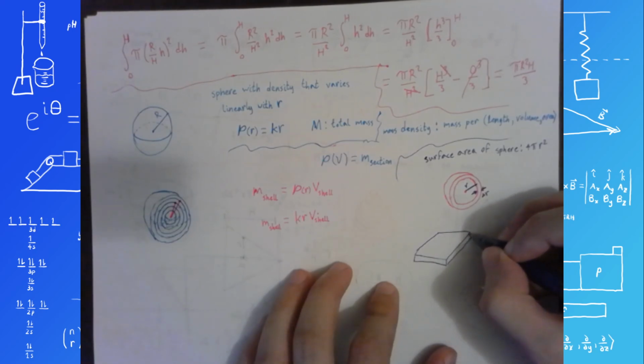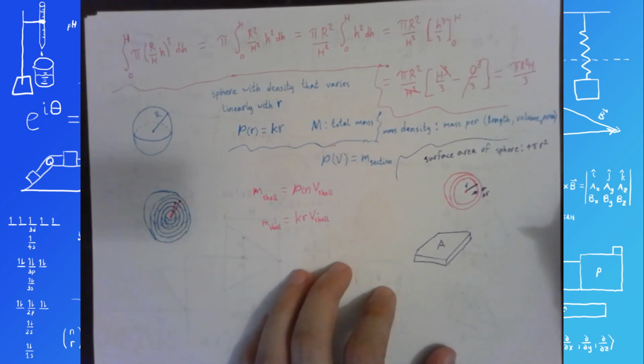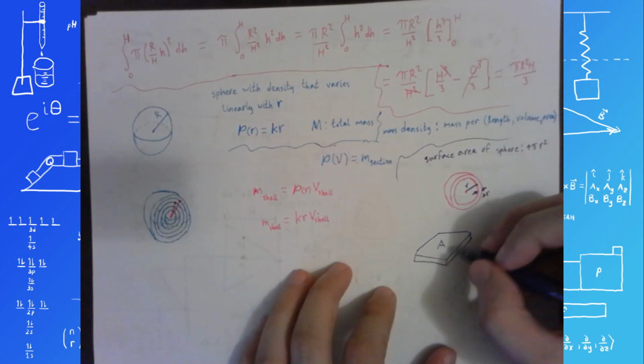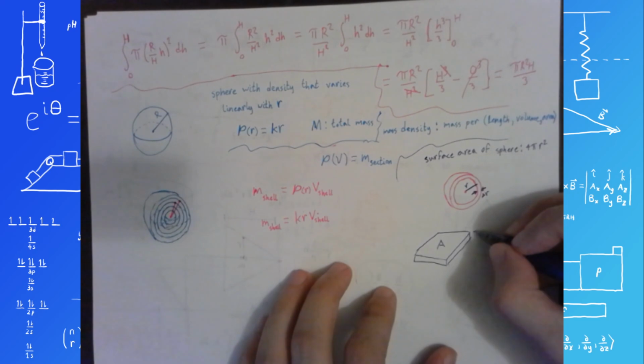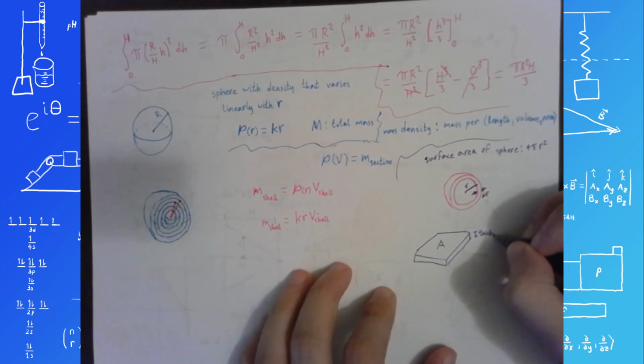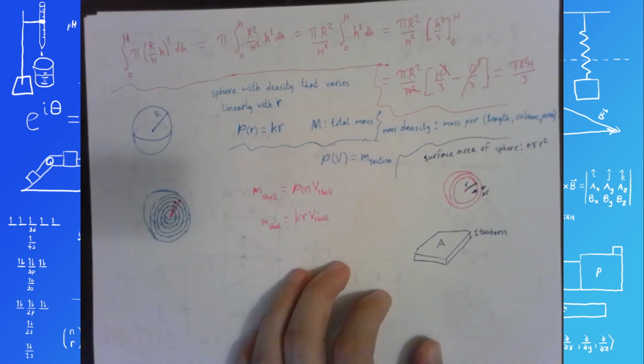It doesn't even have to be rectangular. And I take the area of that tile's base and multiply it by whatever little thickness it has, this thickness. That would give me the volume of that piece. Kind of the same thing is going on with this spherical shell.